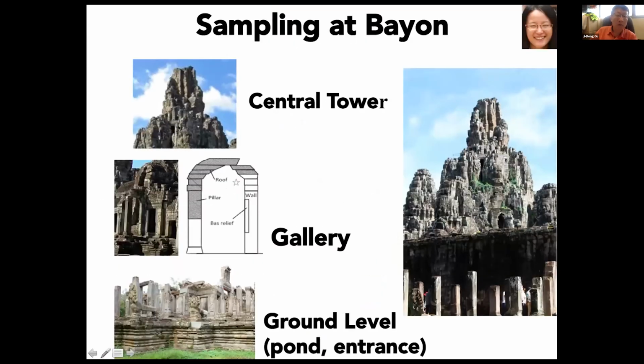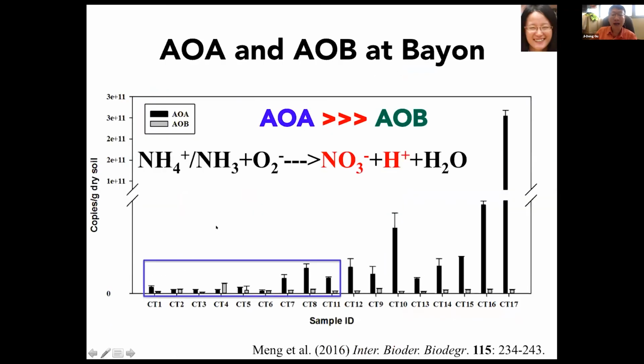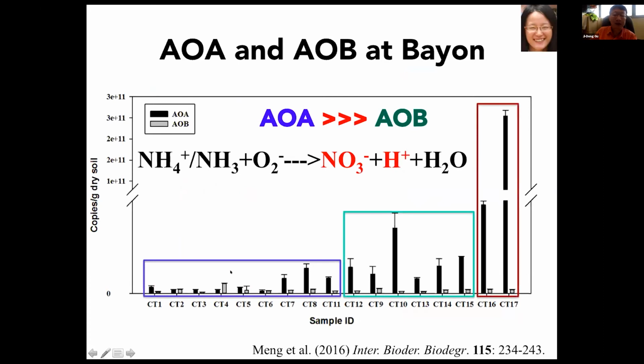I'm going to jump quicker a little bit to save my time. So what we did was we took samples at the ground level, in the gallery level, and also the higher level of the Bayon Temple. We analyzed what microorganisms are in it. On the ground level, gallery level, and the central tower, we see much higher concentration of microorganisms called ammonia oxidizing archaea, much higher than bacteria.